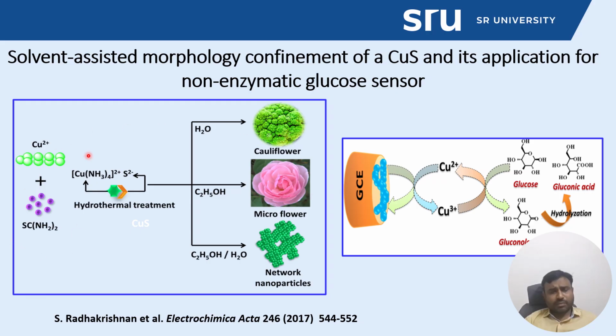Because when copper acetate and thiourea are dissolved in water, the solubility and reactivity between copper and sulfur, and the release of sulfur from thiourea, all change significantly with the nature of the solvent. So the interaction of copper and sulfur may follow a different approach in water, a different approach in ethanol, and a different approach in the water ethanol mixture.